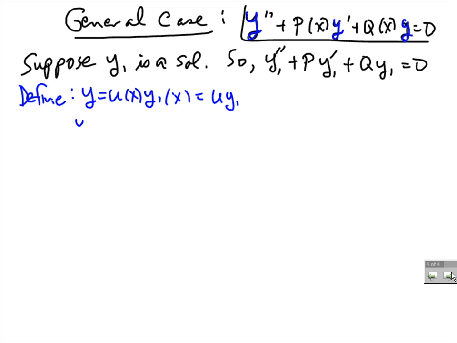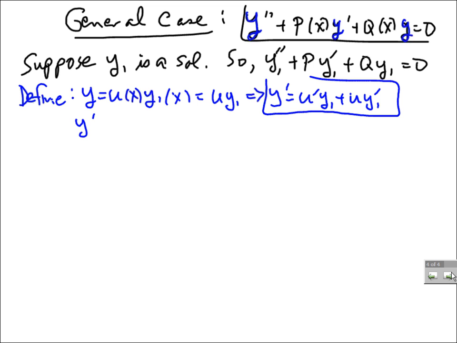Okay. Well then y prime will be, let me do it here to save some space, u prime y1 plus u times y1 prime. The second derivative, so I'm going to take the derivative of this. First, of course, I'll take the derivative of that, and then I'll take the derivative of that, and only then will I add.